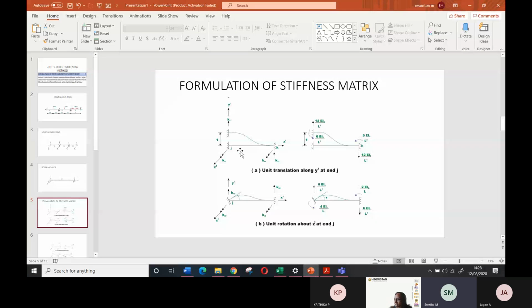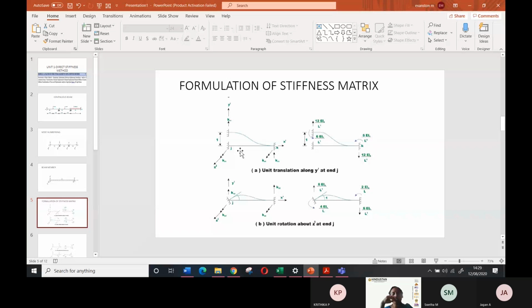Tomorrow, first hour, we will do some test. Kritika, you learn from either Jagan or Sweda what you missed, and I'll take some small quizzes. For example, what is the unit of shear force, what is the unit of bending moment, and what you learned today: what is a fixed support, and what is free and restrained. All these things I'll conduct as a small quiz tomorrow.